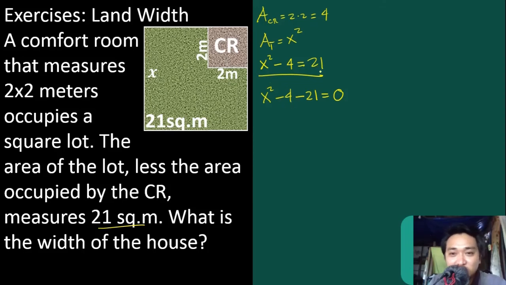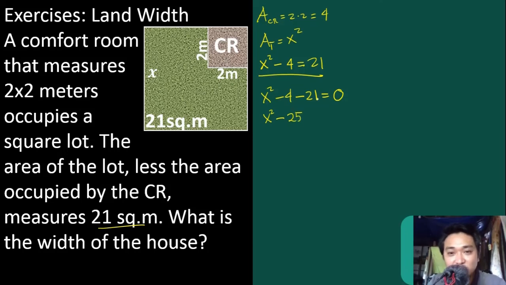Or simply, just transpose positive 21 to the other side of the equation. That will become negative 21. And the answer will be, let us further evaluate this expression. x squared, negative 4 minus 21. Since both of them are negative, we're going to combine them. That is negative 25.